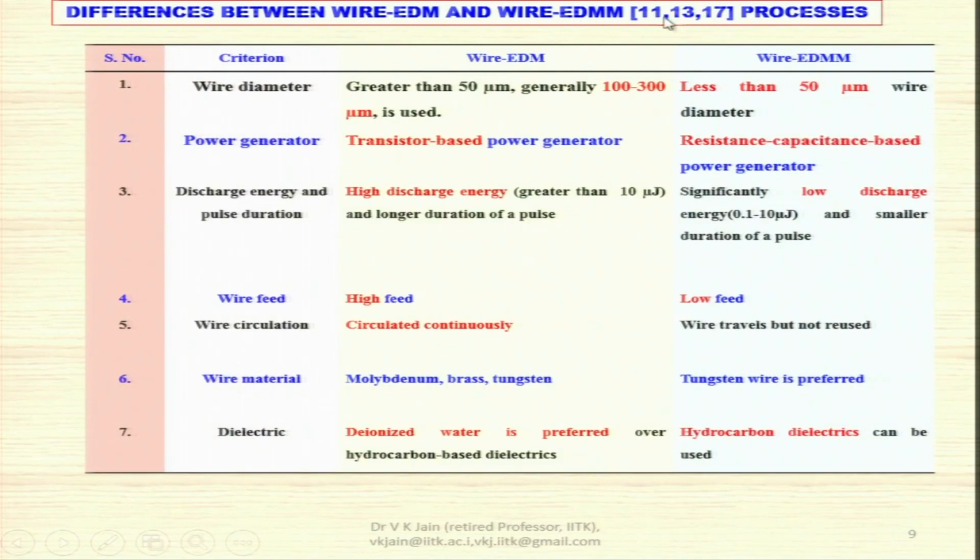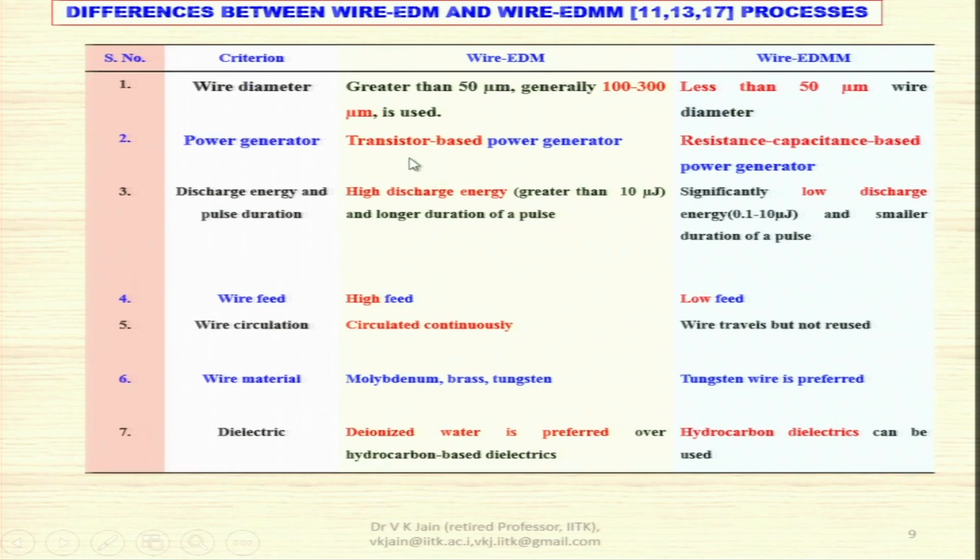Differences between wire EDM and wire EDMM processes. Here I have given some references, and these references are given at the end, you can see them. Wire diameter in wire EDM normally ranges between 100 to 300 micrometer, while in case of wire EDMM they recommend less than 50 micrometer.